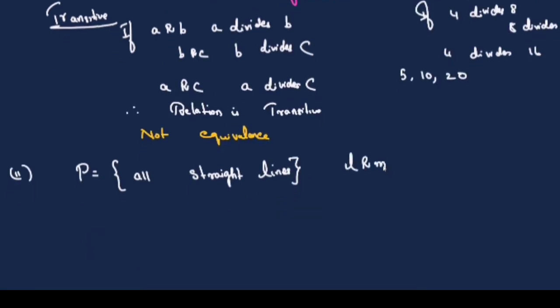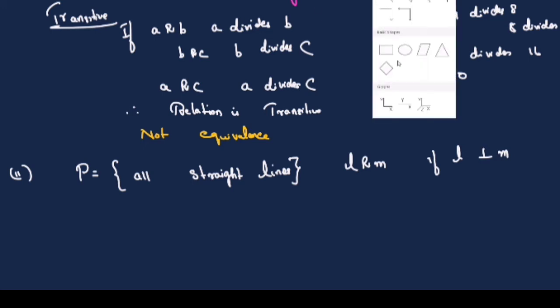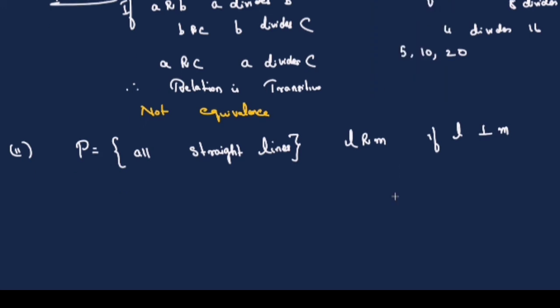L is related to M if L is perpendicular to M. We have so many straight lines, but we are saying that they are related only if they are perpendicular. So we cannot say all the lines are related here. What is the condition given? They should be perpendicular. Suppose you take L here and M here, L and M are perpendicular.